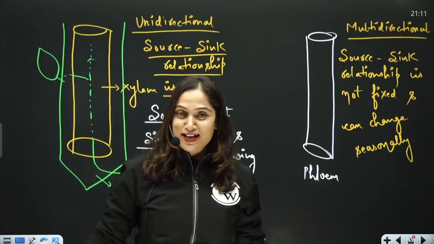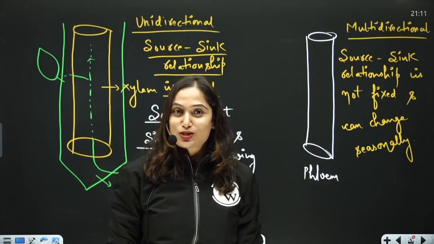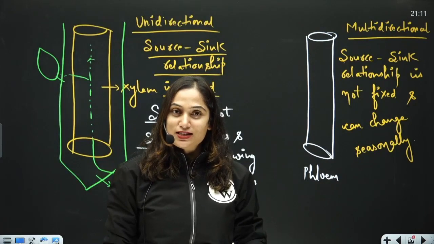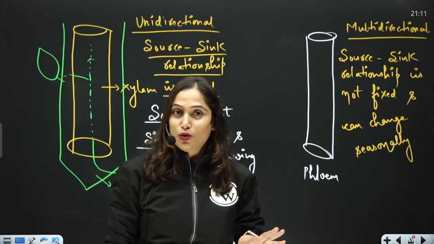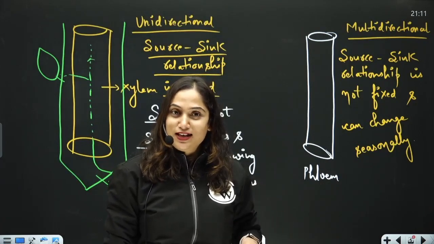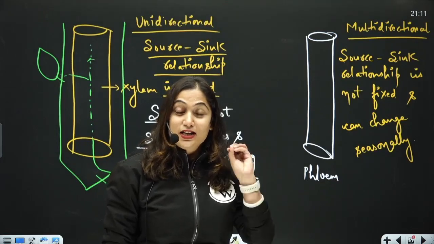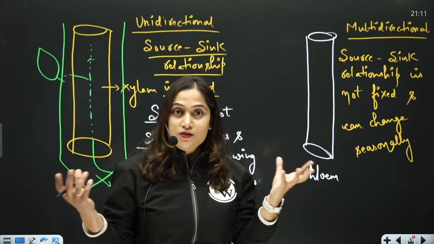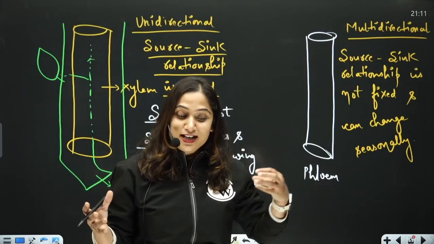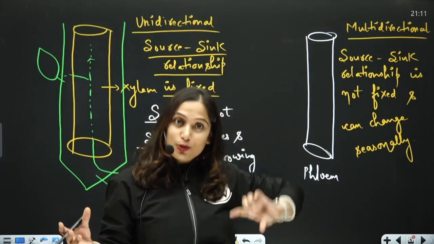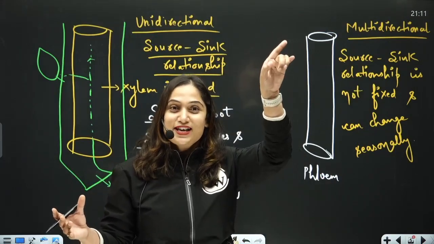So then the food gets stored in the storage organs like root. And when the spring comes and the new leaves and flowers have to come, this food will be supplied from root to those parts, right?